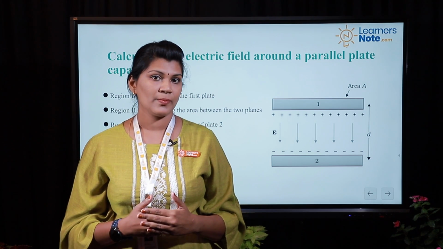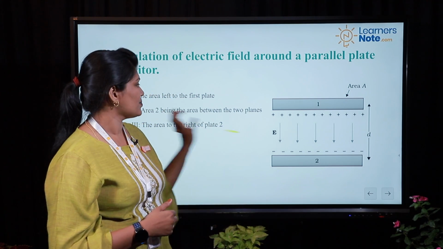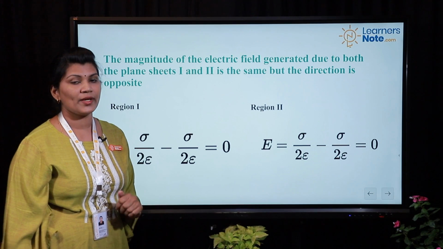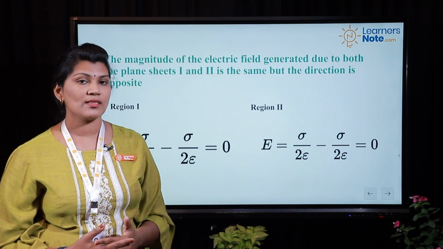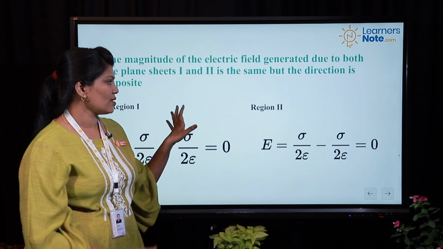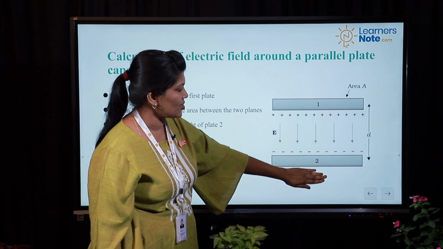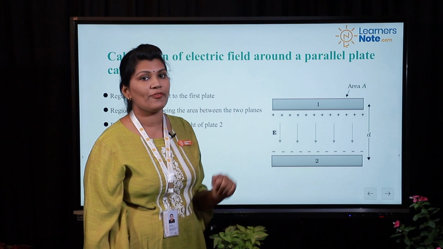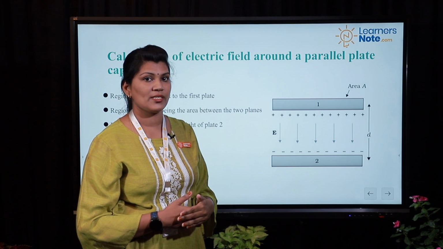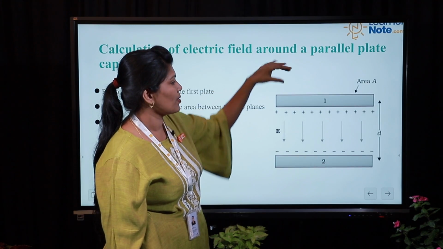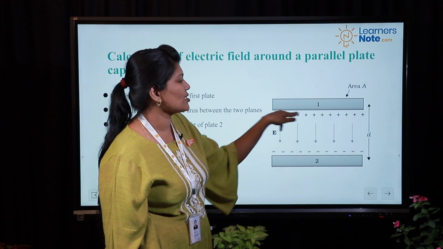Next we have to find the total electric field relating to regions 1, 2 and 3. In region 1 and region 3, the total electric field strength is equal to 0, because from the picture we can see that the direction of electric field is opposite. Here the field lines are going outward, because we have positive charges.